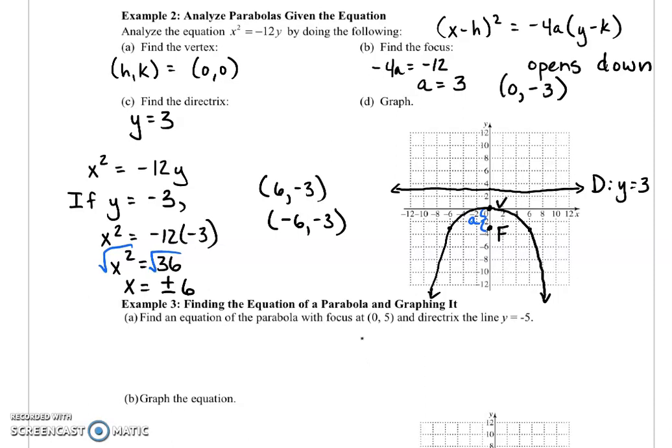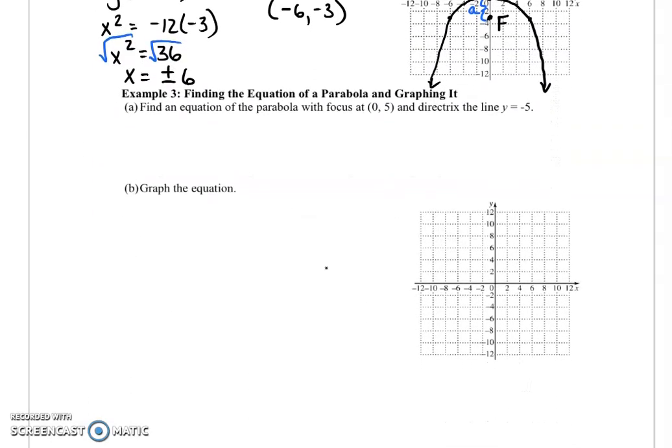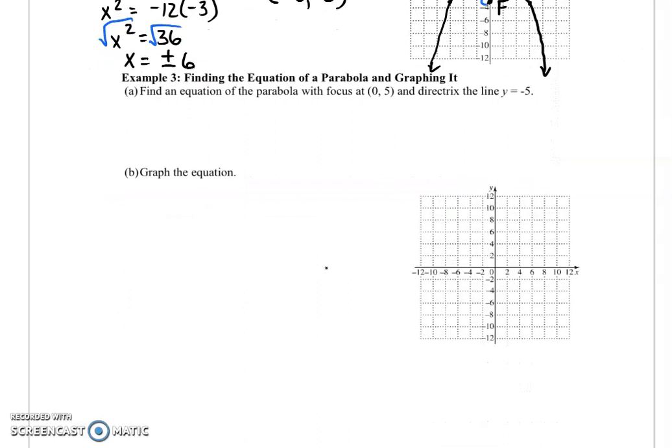Okay, let's do another example. So this time they're telling us the focus and they're telling us the directrix. So let's put the focus on here at (0, 5). That's the focus. And the directrix is y equals negative 5.